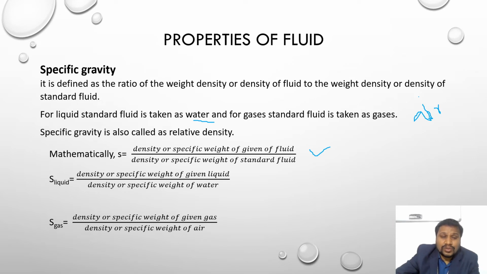From that formula, we can calculate the density or specific weight of a given liquid. The density or specific weight of a given liquid is equal to the specific gravity of the liquid times the density or specific weight of water.